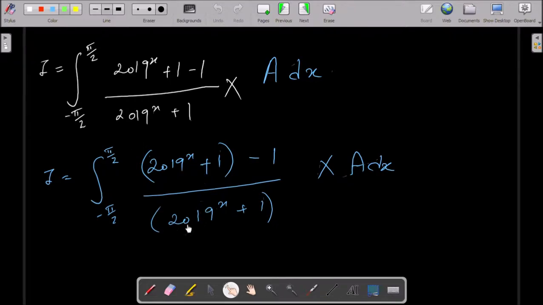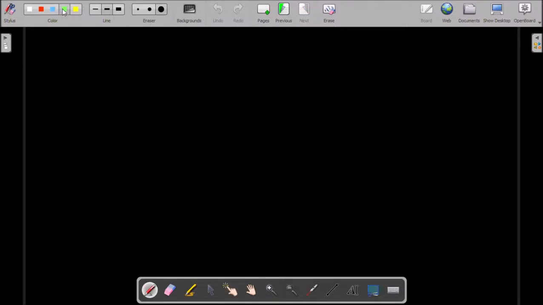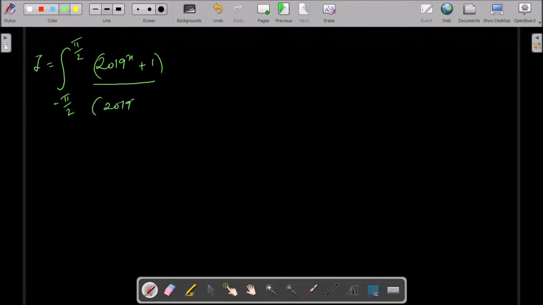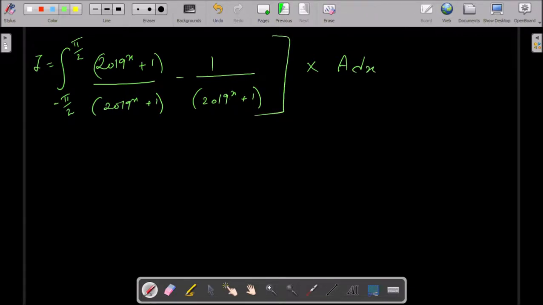Okay, see, this and this part are the same. Bracket 1, so we can cancel it now. See how I am doing it. I equals integration from minus pi by 2 to pi by 2 of 2019 to the power x plus 1 upon 2019 to the power x plus 1, minus 1 upon 2019 to the power x plus 1, multiplied by a dx. Okay, see now this is cancelled, this is cancelled, 1 times.